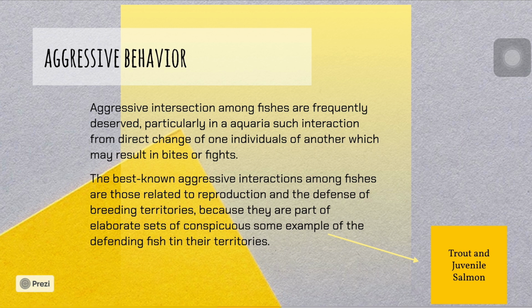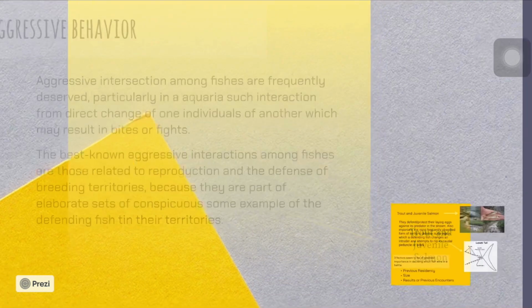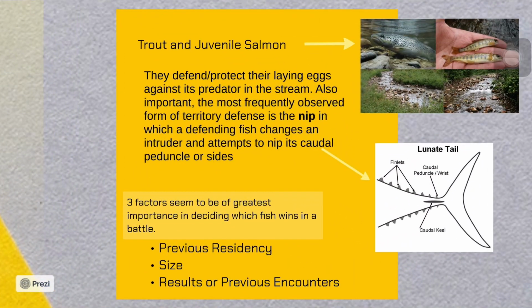So next, trout and juveniles are an example of aggressive fish. They defend their laying eggs against predators in the stream.